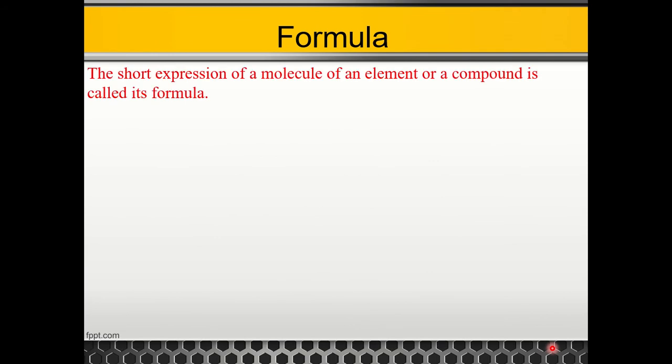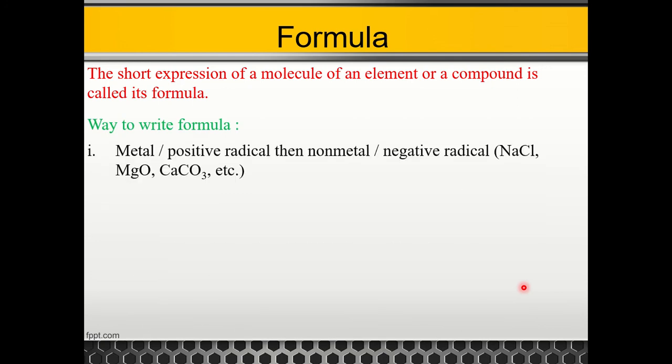Now, formula. The short expression of a molecule of an element or a compound is called its formula. How will you write a formula? To write a formula, you have to write the metal or positive radical first, then the non-metal or negative radical.